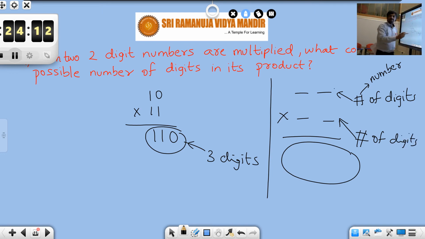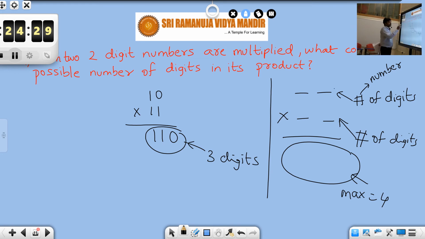This symbol is what we use for number of digits. So in the product, the maximum number of digits would be the sum of the number of digits of these multiplicands. So here 2 plus 2 means the maximum would be 4. Maximum would be 4, right?